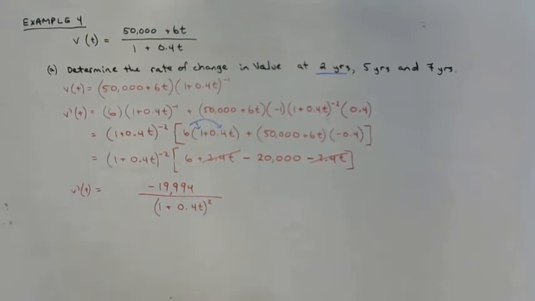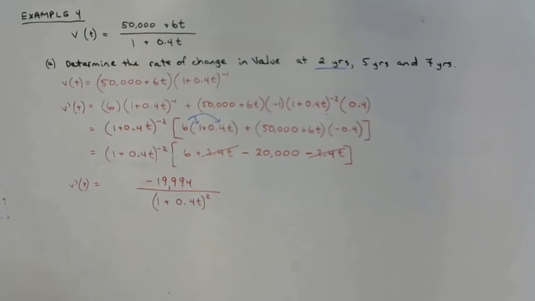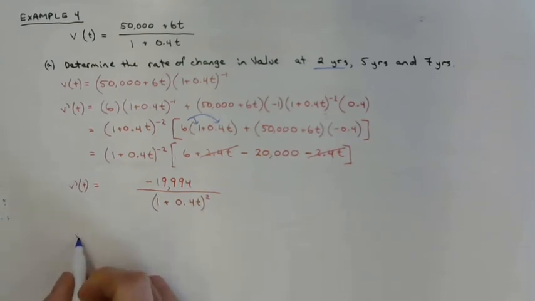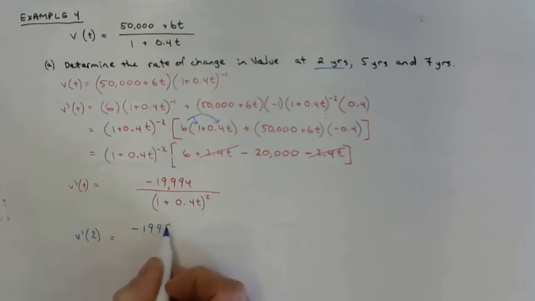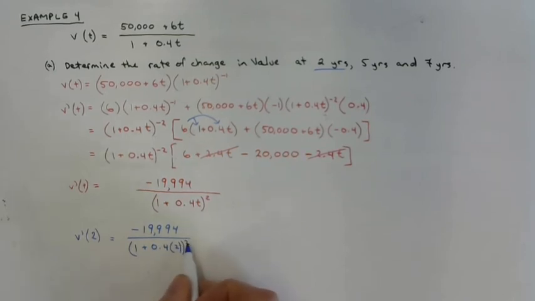So that is the rate of change of the value of the car, which we can now find, for example, as it asks us, the rate of change of the value of the car at 2 years. We just sub a 2 in for t. So we'll do one of these. Negative 19,994 over 1 plus 0.4 times 2 squared.